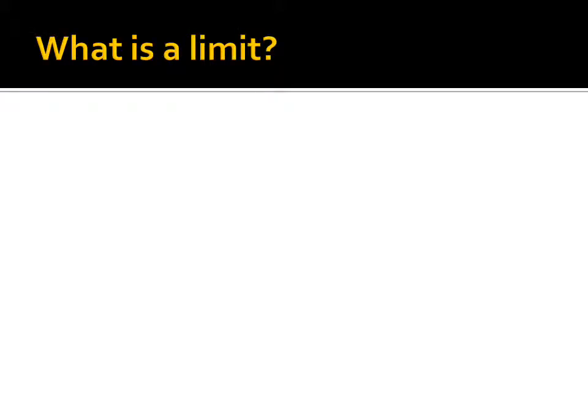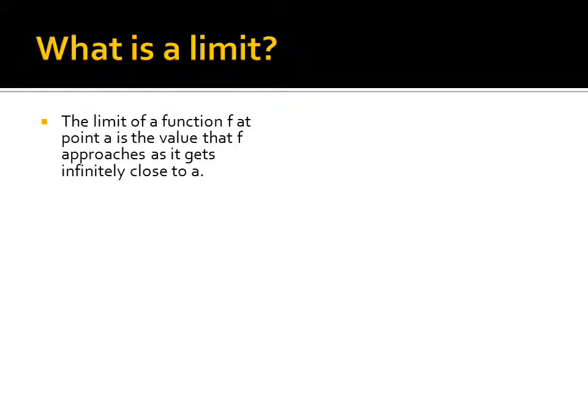What exactly is a limit? The limit of a function f at a point A is the value that f approaches as it gets infinitely close to A. Now, this is a very technical definition, but there is absolutely one key word that you need to understand, and that is approaches.